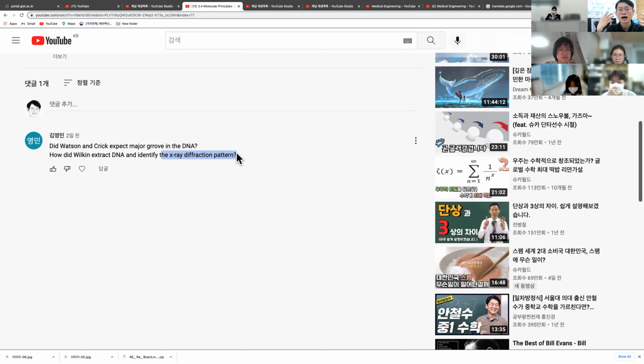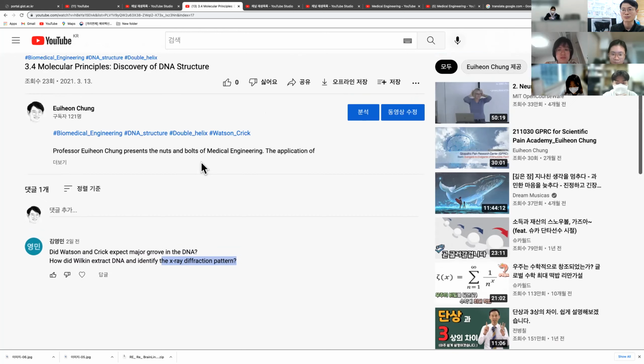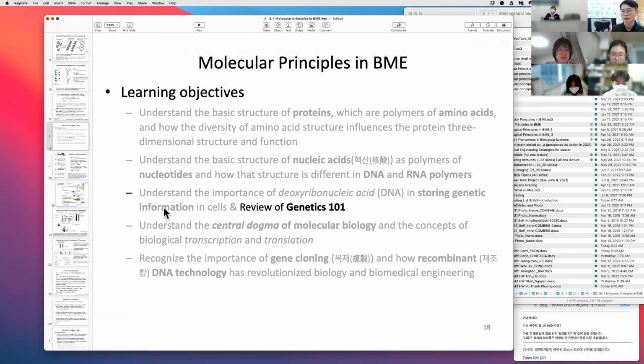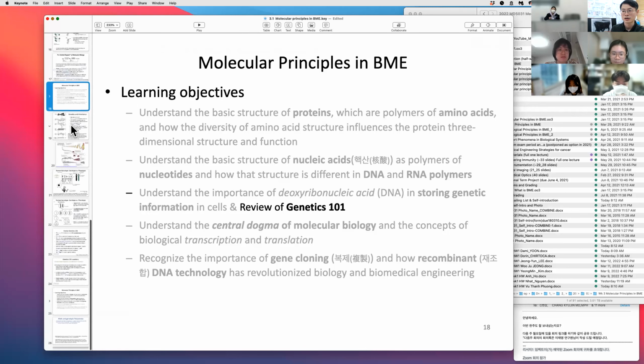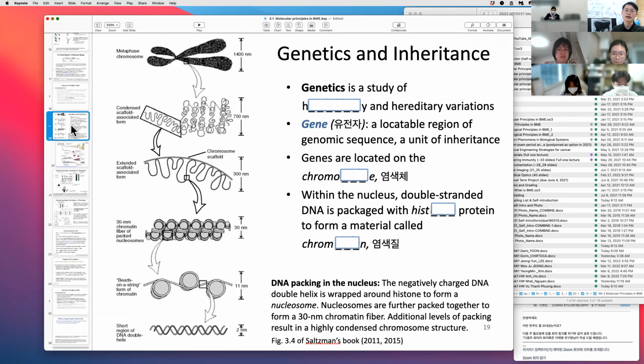We use our knowledge of diffraction, and we can deduce the structure, whether it was a helical structure. So this is a very important point you made, and everyone should appreciate that aspect. Okay, so I think that's good. Let's move on to the next.